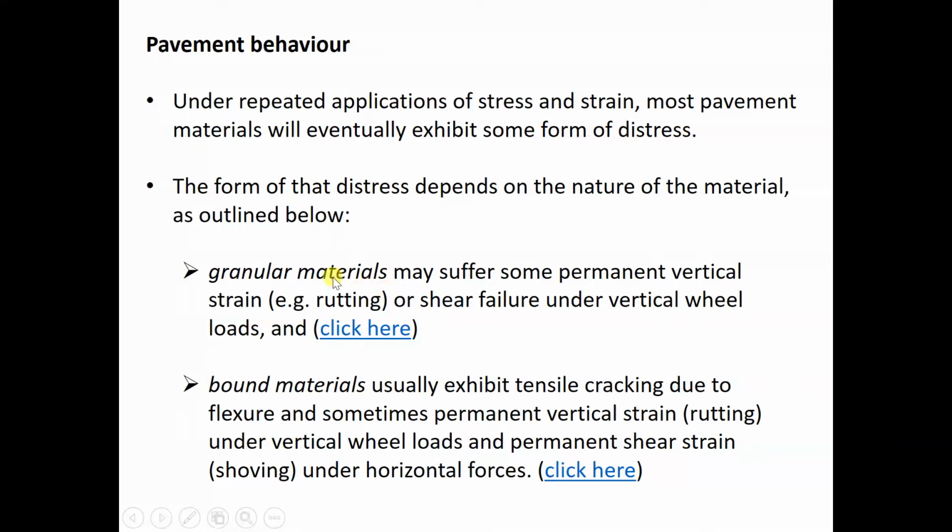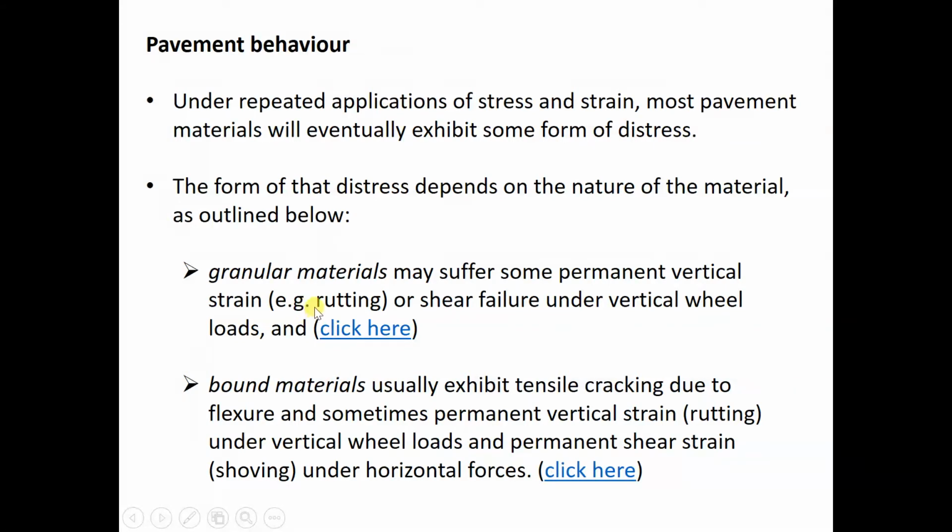Granular materials may suffer some permanent vertical strain, for example rutting, or shear failure under vertical wheel loads. Bound materials usually exhibit tensile cracking due to flexure, and sometimes permanent vertical strain, also rutting under vertical wheel loads, and permanent shear strain, shoving, under horizontal force.